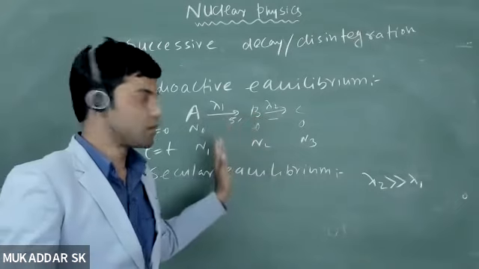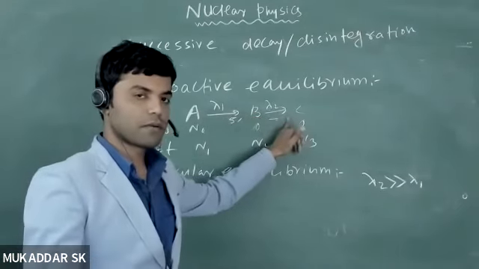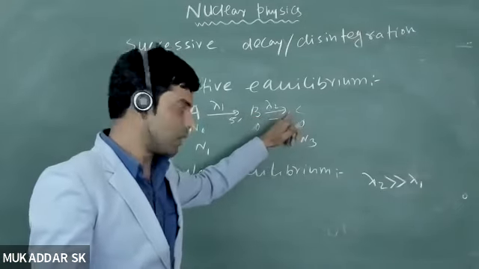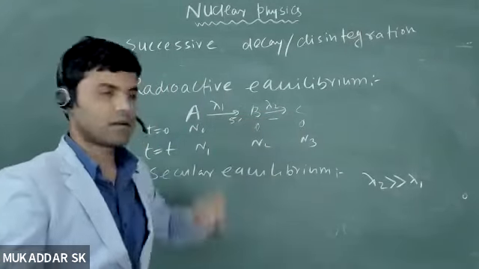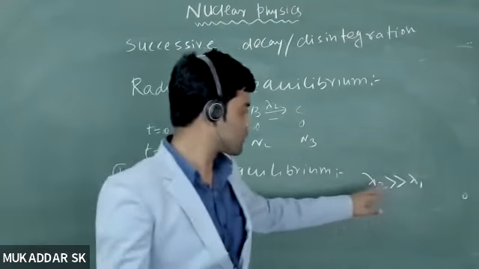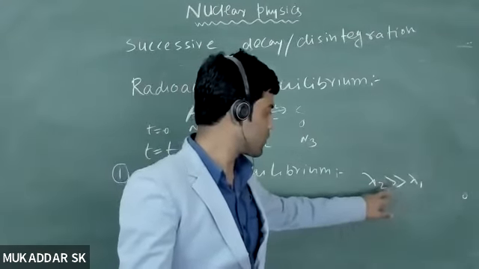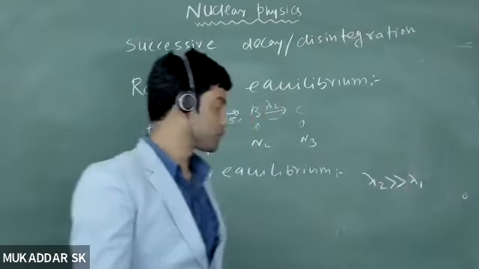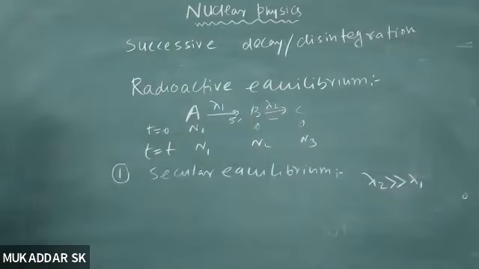So that secular equilibrium is the equilibrium in which intermediate nuclei will not change with time. इसका मतलब क्या है, the rate of decay of intermediate nuclei will be same as the production rate of it, and that is only possible when lambda 2 is much greater than lambda 1. We'll prove that.